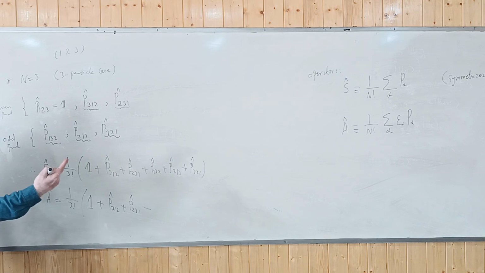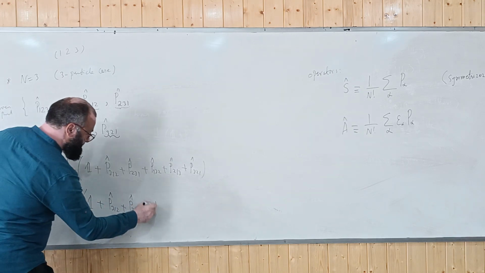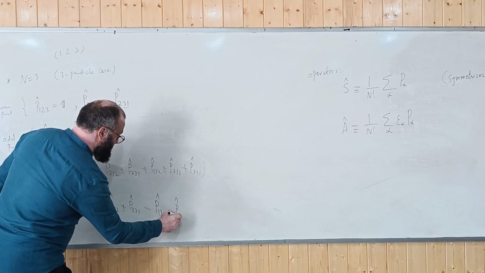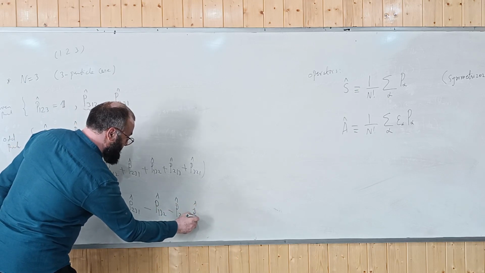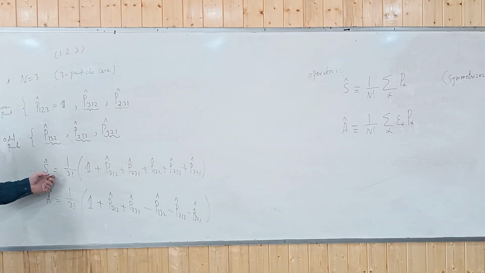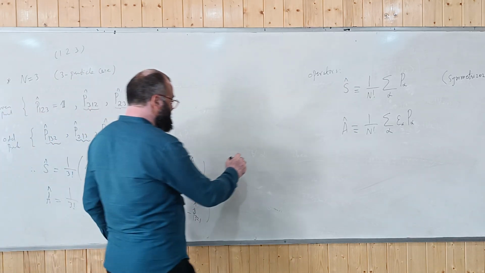Then with the odd permutations you put a minus: P132 minus P213 minus P321. So this is the symmetrizer for the 3 particle state and this is the anti-symmetrizer for the 3 particle state. Just apply on this.